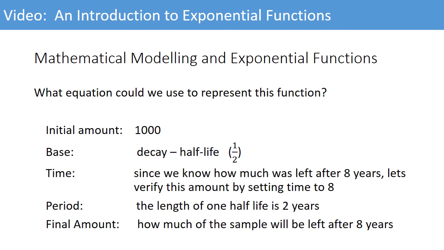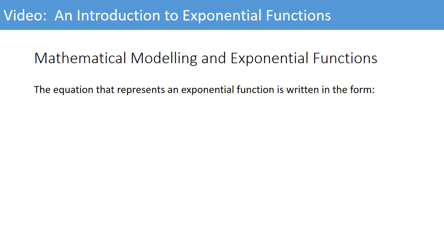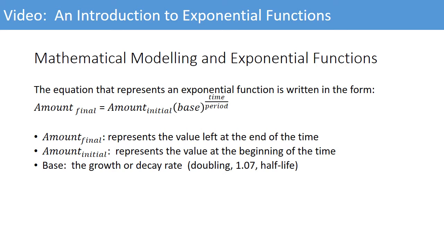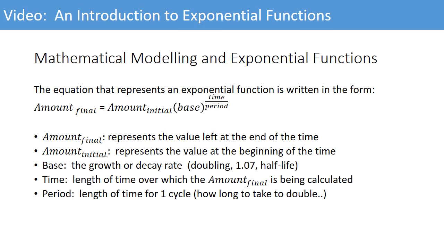The final amount is how much of the sample will be left after 8 years. Putting this into an equation, we get the final amount, the initial amount, the base, the time, and the period, just like we had with exponential growth.